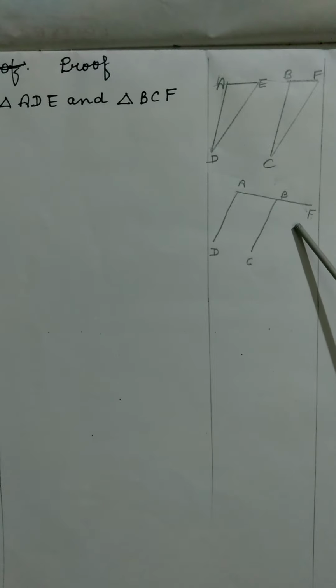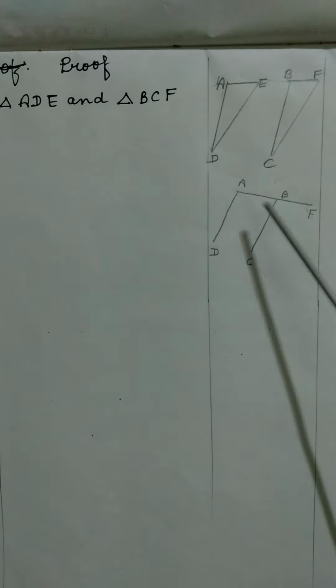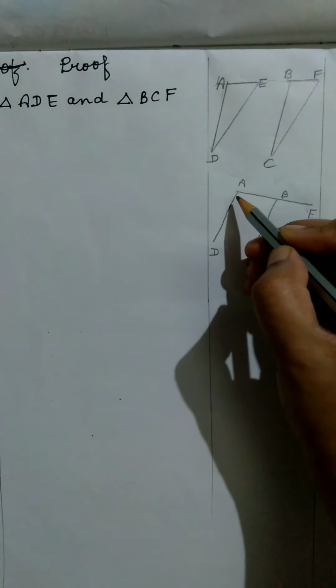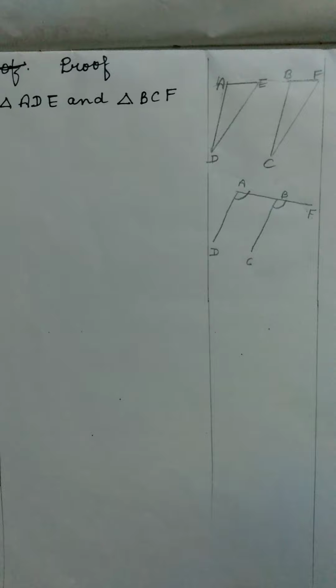We got F shape. When it is F shape, it represents the corresponding angles. We know that if a transversal intersects two parallel lines, then each pair of corresponding angles are equal. Then we get the corresponding angles at angle A and angle B.